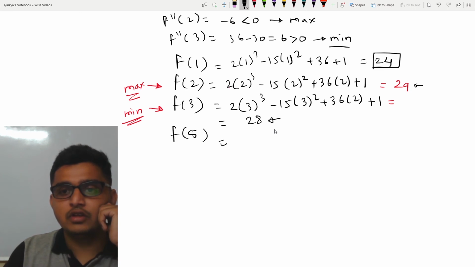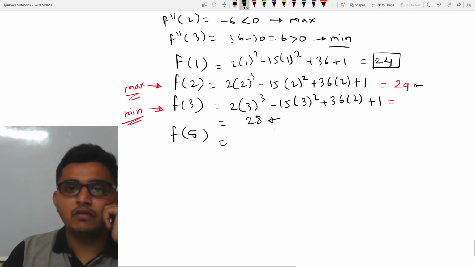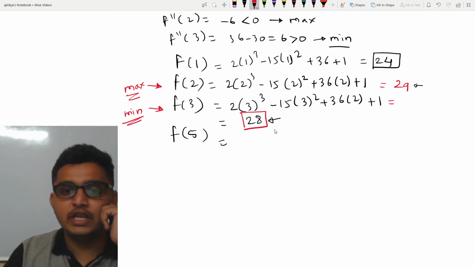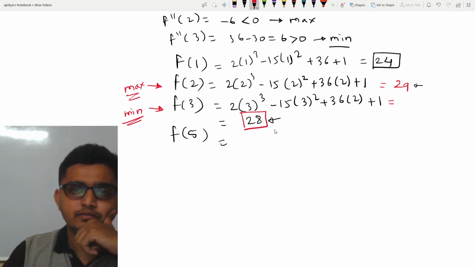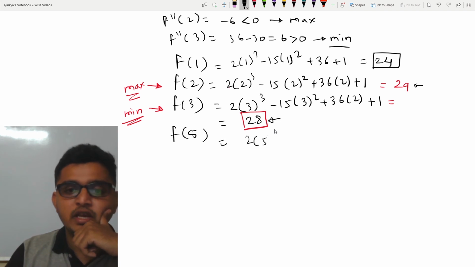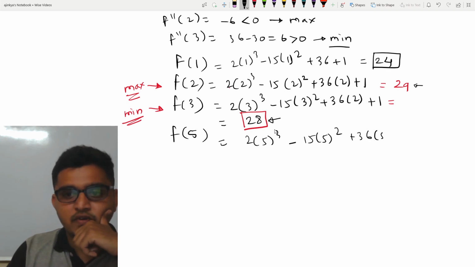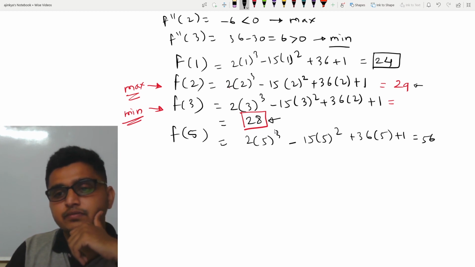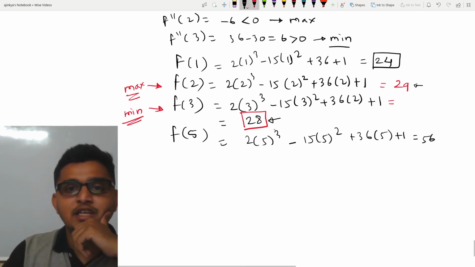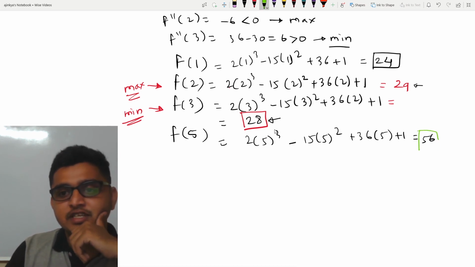And here you clearly see that we have a value which is lower than 28. In case of f of 5, we have 2 times 5 cube minus 15 times 5 squared plus 36 times 5 plus 1, which is 56. And now you can clearly see that 56 is greater than 29.